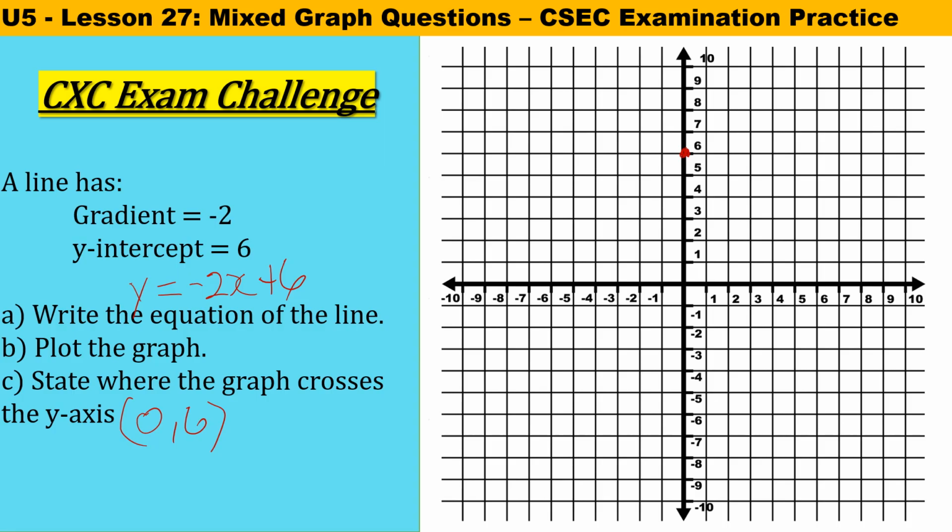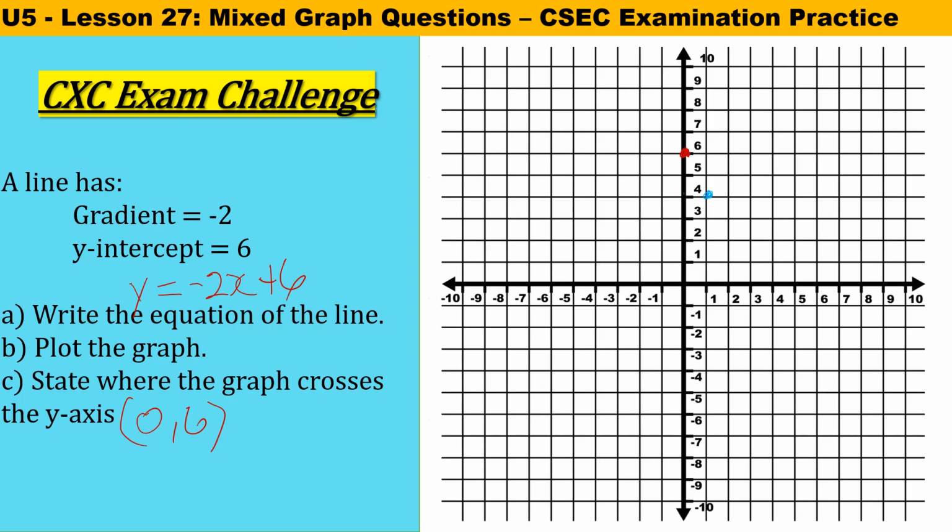Okay. Now, because our gradient is -2, it tells us that our slope is going downwards. So we are going to keep reducing by 2. From this point where we are on the graph, you are going to go down 2 and 1 across.